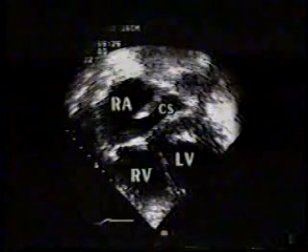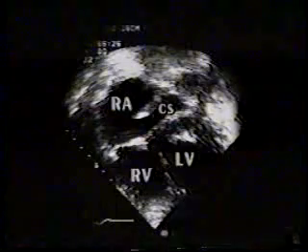This 63-year-old female also has mitral and tricuspid Starr-Edwards prostheses. She had severe tricuspid regurgitation prior to insertion of the prostheses.